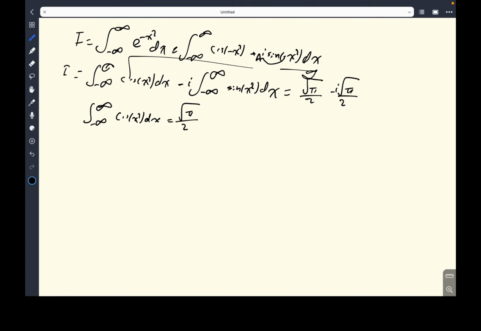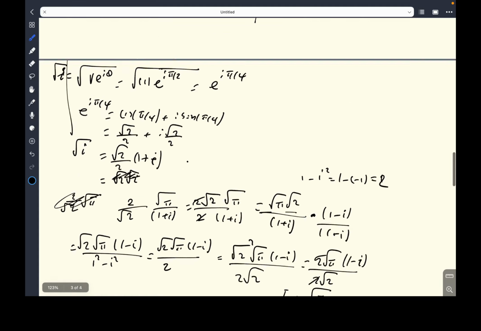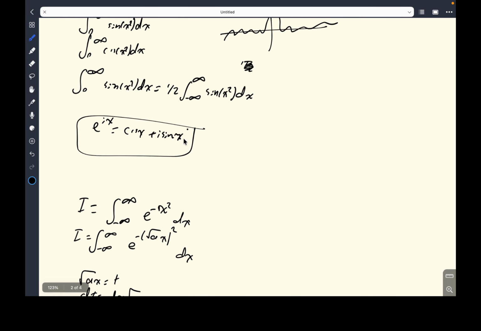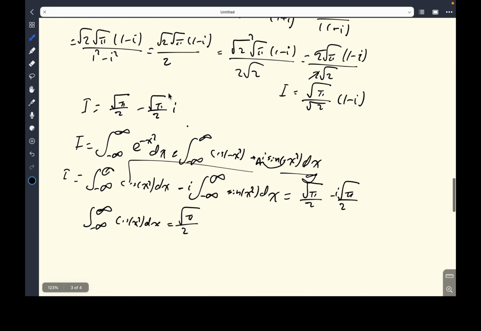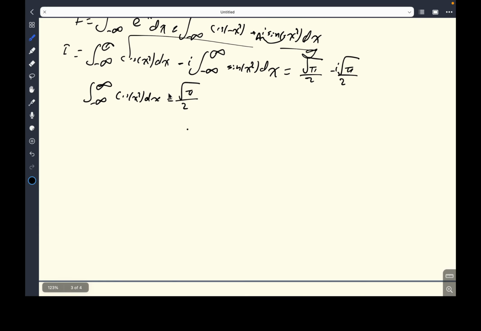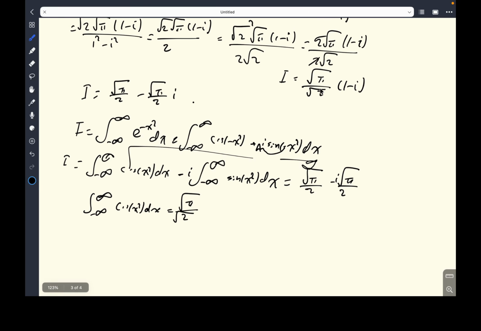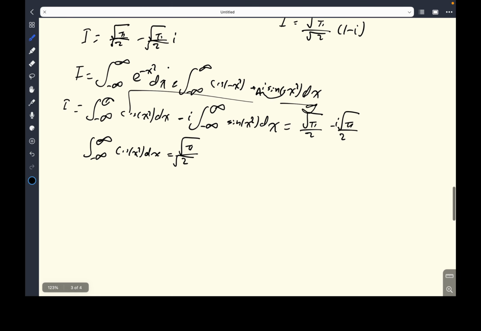And if I multiply it by half, from this property of even functions that I stated here, I'm going to get its integral from 0 to infinity. Thus, oops, this is supposed to be root pi over root 2. Did I do it correctly? Yes, it's correct. I just forgot to include root 2 here.